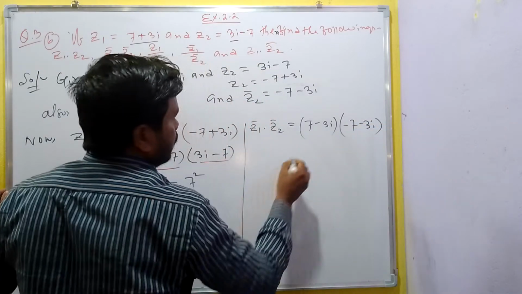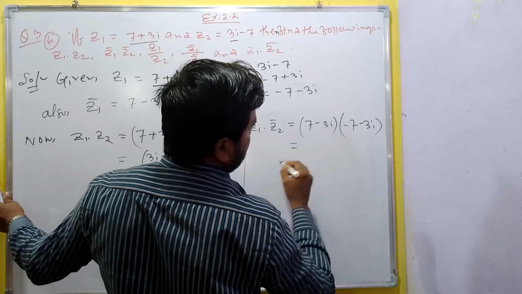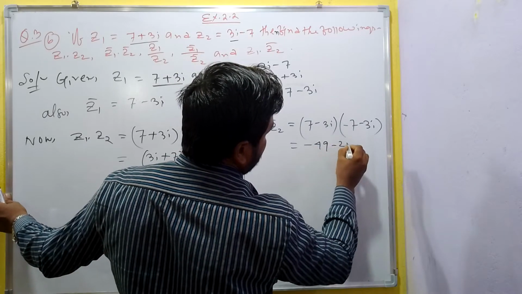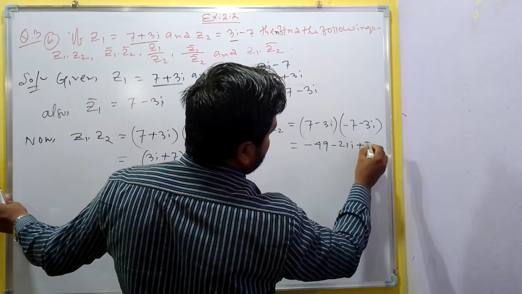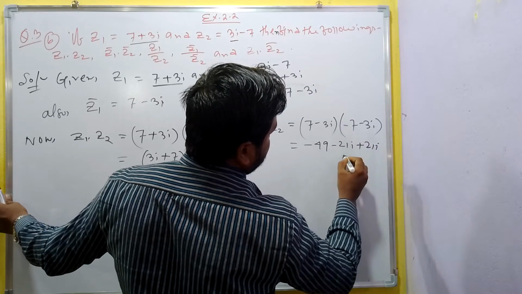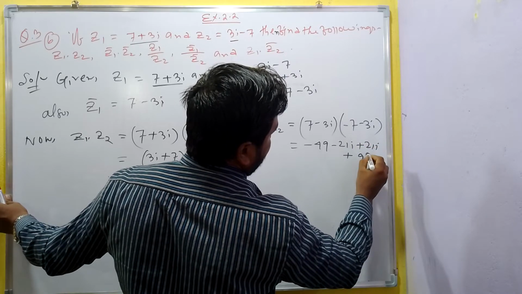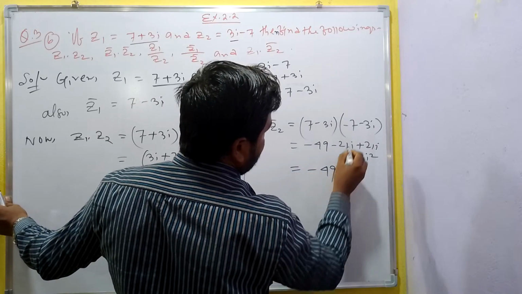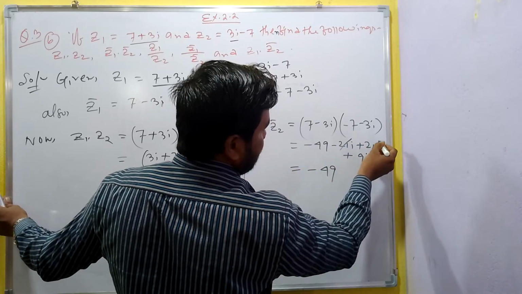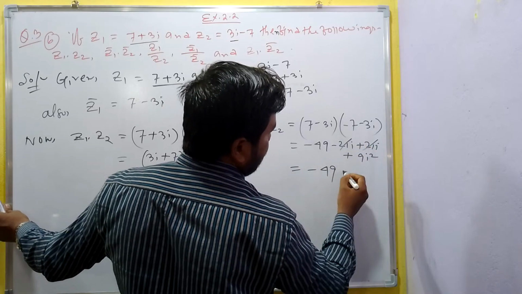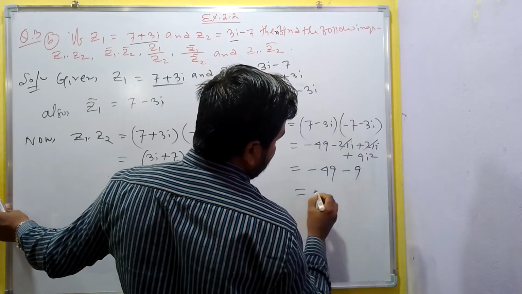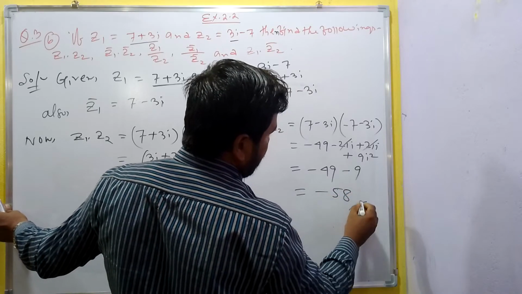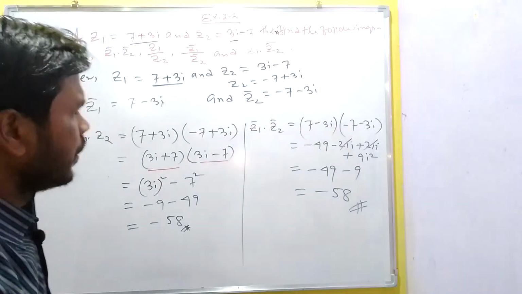Now multiply these two. So minus 49 minus 21i plus 21i plus 9i square. Minus 21i and plus 21i will be cancelled, then minus 9. So you can see minus 58. This one is the answer.